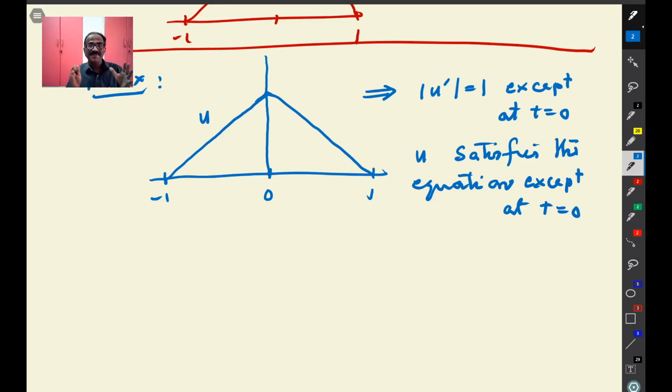So if you relax a little bit, if you get away from that demand that modulus of u prime should be 1 all the time, then you have one solution.